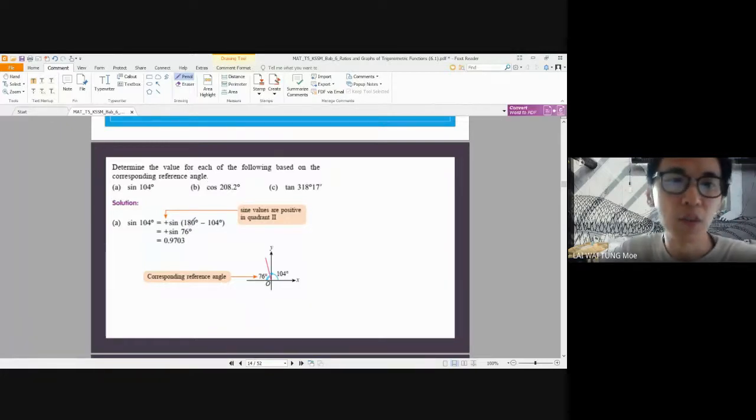The previous question asked you to state the relationship, but now the question says determine the value, which means you have to find the value of sine 76. Using the calculator, you just press sin 76 equal and you will get the answer. It's just the continuation from the previous question.